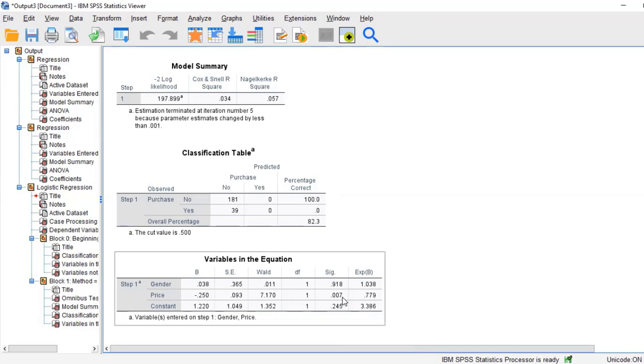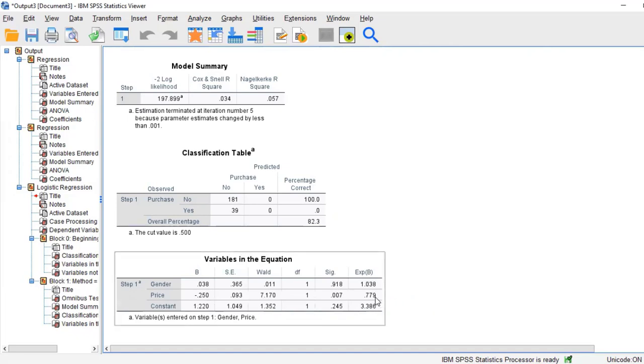The end product of logistic regression is something called odds ratios. It allows you to predict the probability of an independent variable causing a change in the dependent variable. Here, we see that gender is not a statistically significant predictor, but price is. Here where it says EXPB, this is our odds ratio.